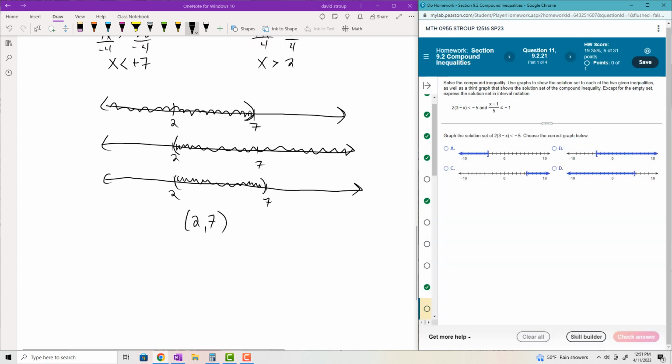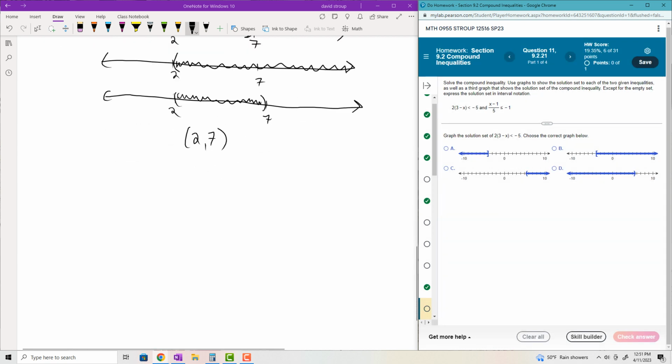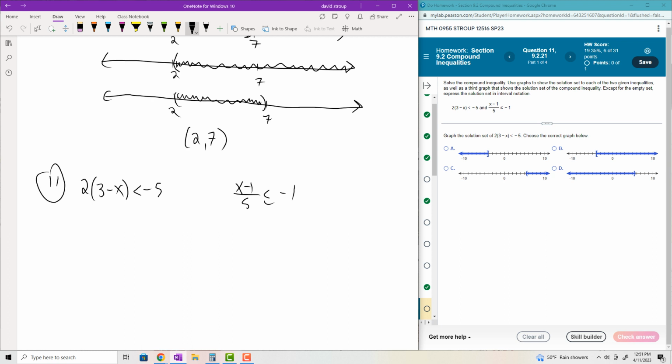All right. A little harder because I've got some fractions, but no big deal still. 2 times 3 minus x less than -5, and then over here x minus 1 over 5 less than or equal to -1. Okay, so that first inequality I'm going to simplify by distribution. Move the 6.